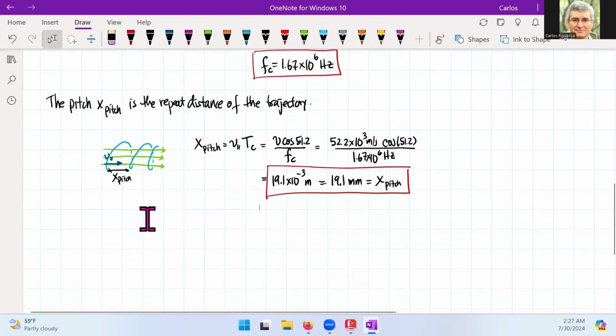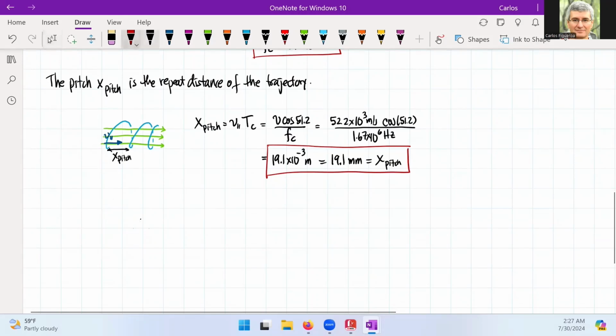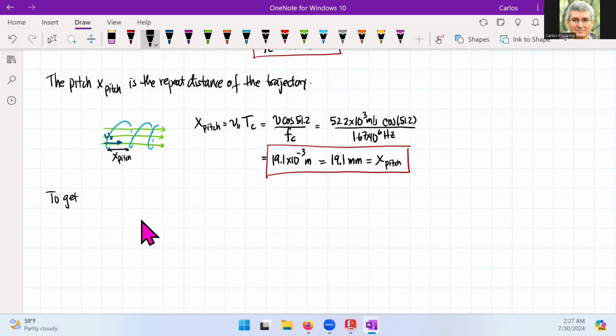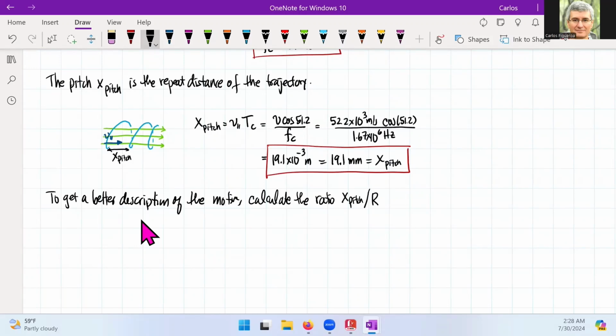So what does this cycle look like? One way to get a better description of the motion is to calculate the ratio of x pitch to the radius.